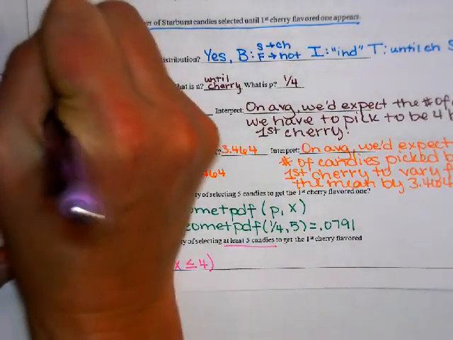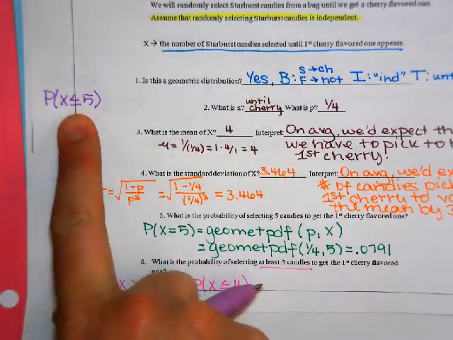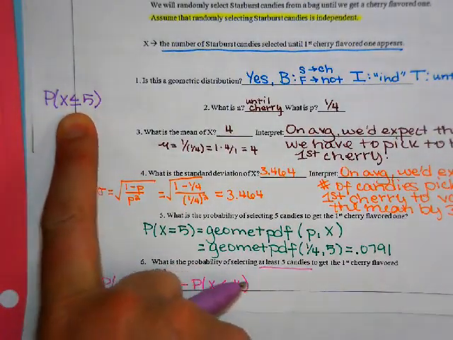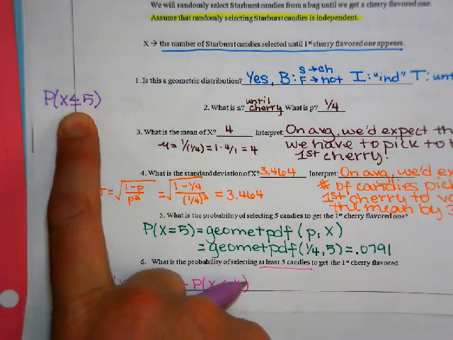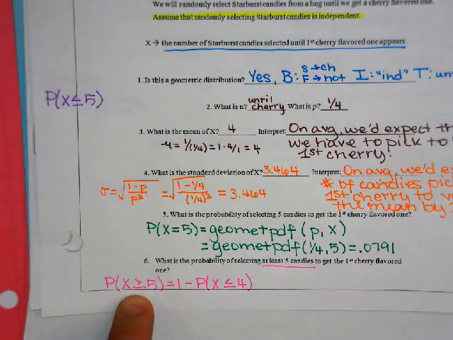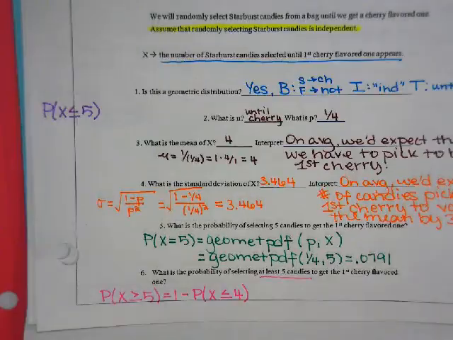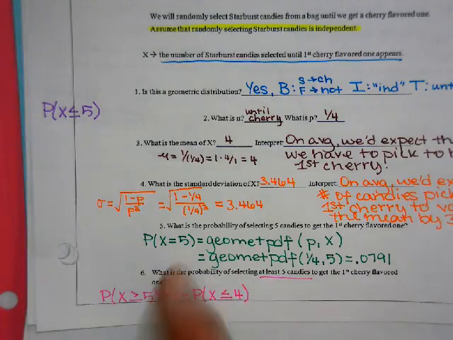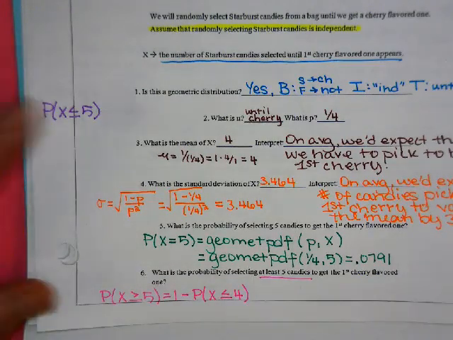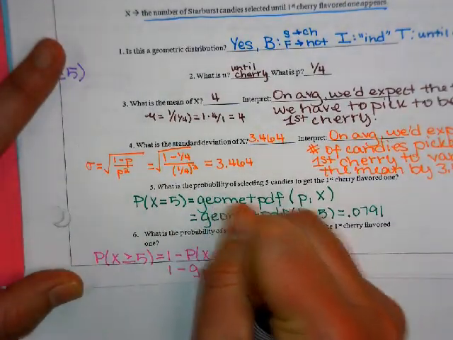If it's a greater than or equal to, you have to subtract from 1 and change your x value by 1. So we're going to put 1 minus geometCDF because it's an inequality. P is still 1/4 and our x is now 4.